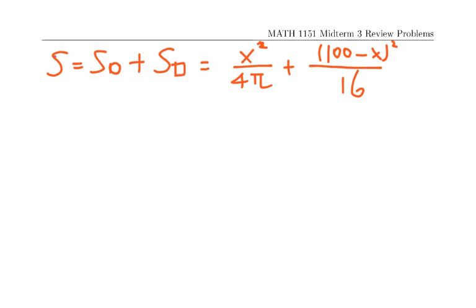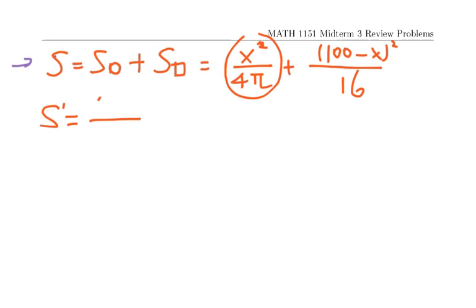Okay? And now we want to maximize and minimize the combined area. That is, we want to maximize and minimize the function S, which is a function in terms of x. So we can take the derivative of S in terms of x. So S prime, and we firstly differentiate the first term, x squared over 4 pi.